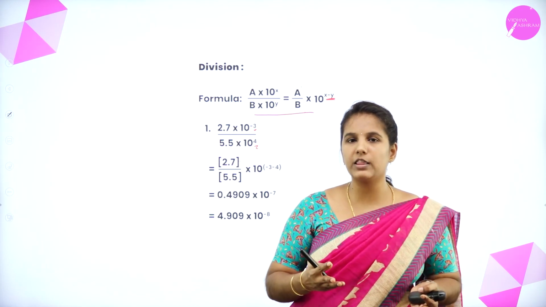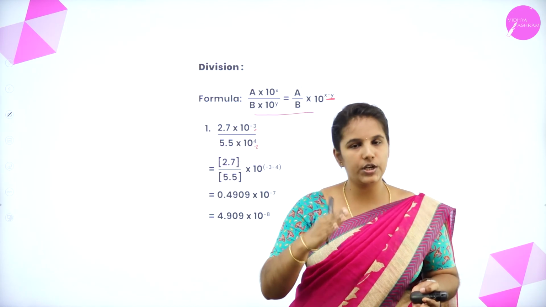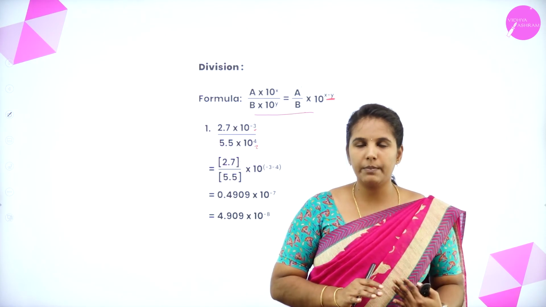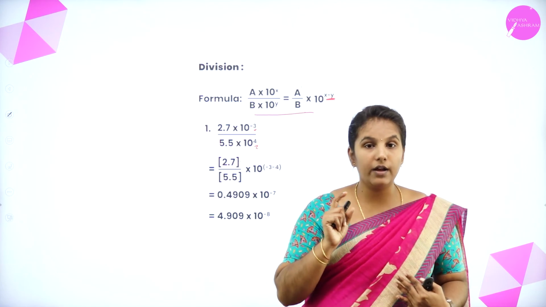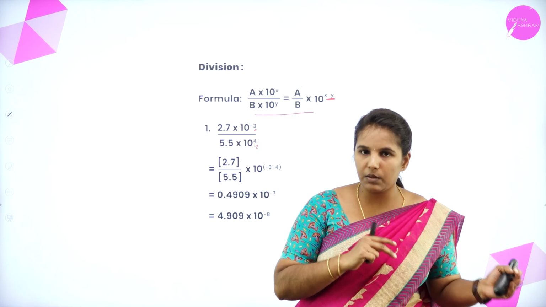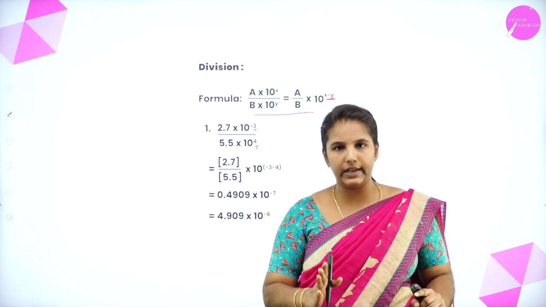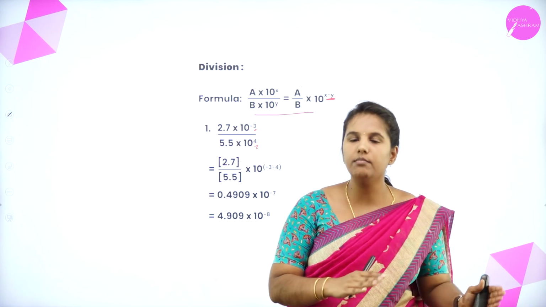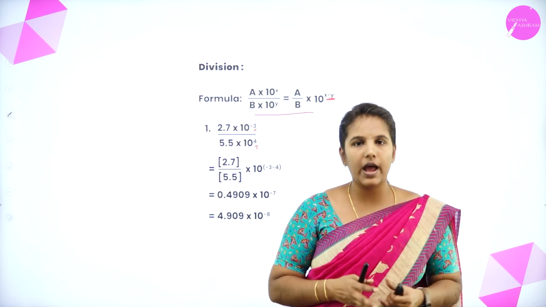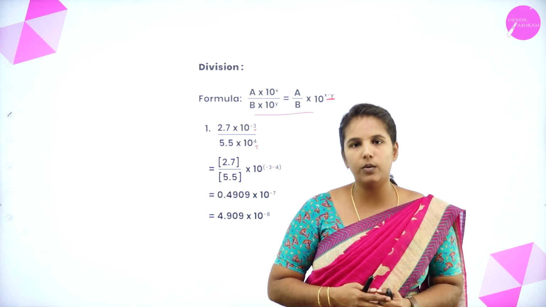For operations such as addition, subtraction, division and multiplication, which we just covered, you have to make sure which is the exponent, whether it has a positive or negative value, and whether the exponents are the same or different. Then we do the mathematical operation.